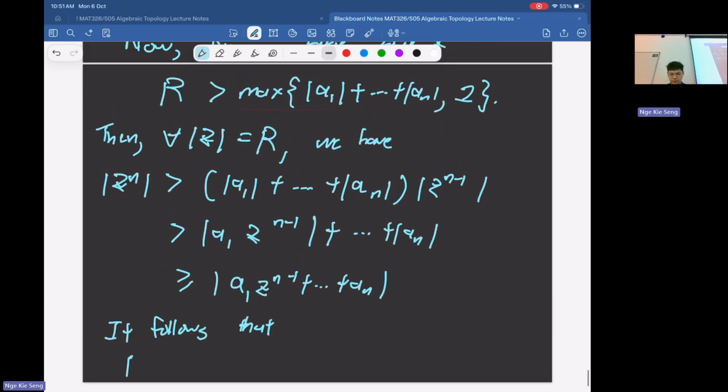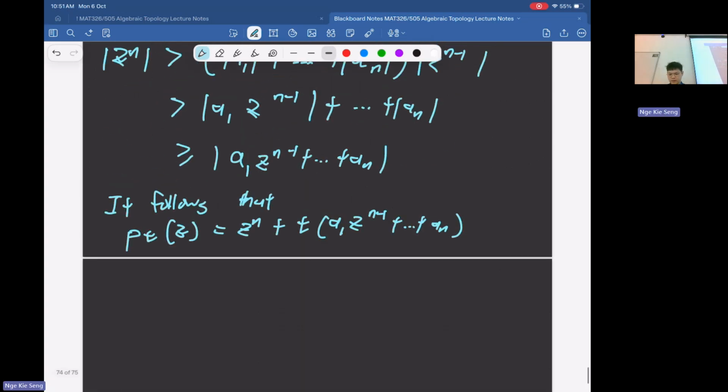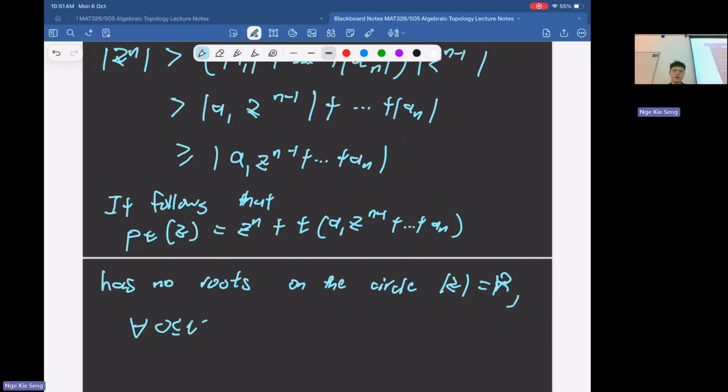Look at this polynomial here: P_t of z equals z^n plus t times (a1 z^(n-1) plus ...), and it has no root on the circle of length of z equals R, I think this r is the big R. Why no root here?